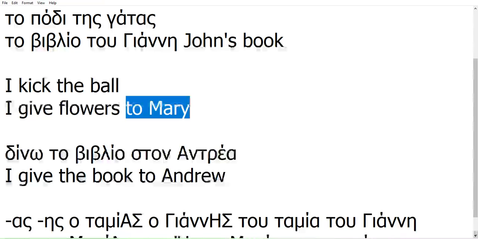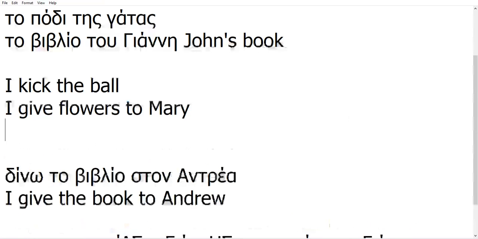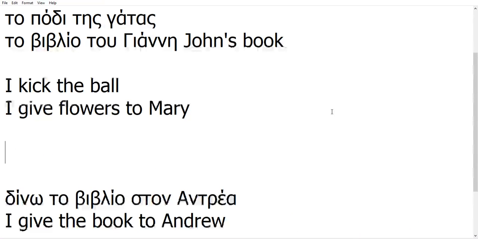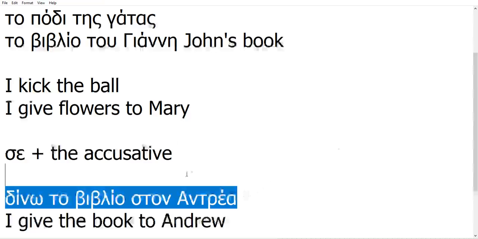And in this situation in Greek you have two options. One is to use accusative with a preposition se, so it would be se plus the accusative. And the other option you have in Greek is to use the genitive. So here I have the phrase with the accusative.